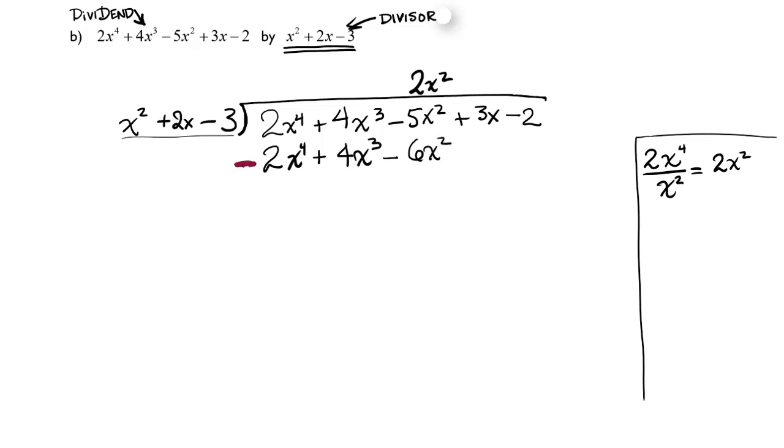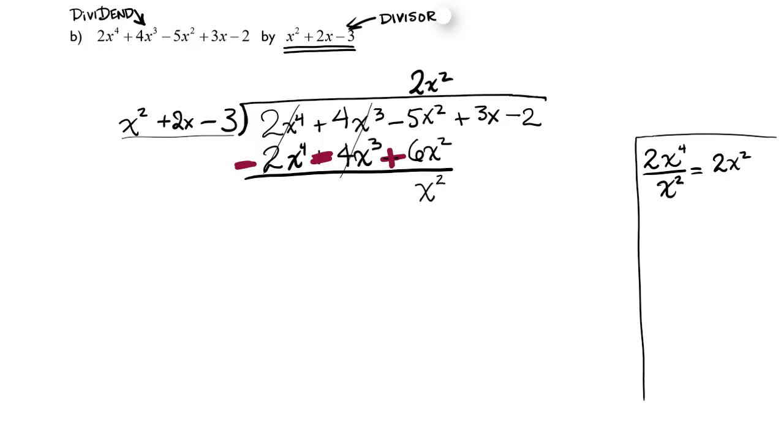Change the signs on all my terms and add them together. This gives me 0 in the first place, 0 in the second place, and negative 5x squared plus 6x squared is just an x squared.